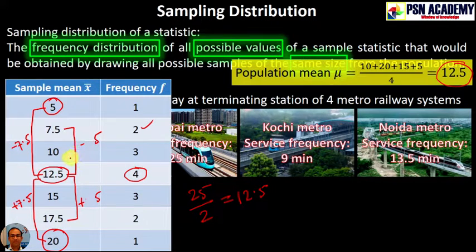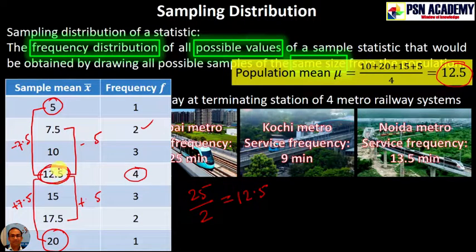So on one side you have a deviation, and there is some element which compensates for that deviation. So if you consider all possible sample means without skipping any single sample mean, then definitely all of them together will concentrate on 12.5, that is the population mean, right?